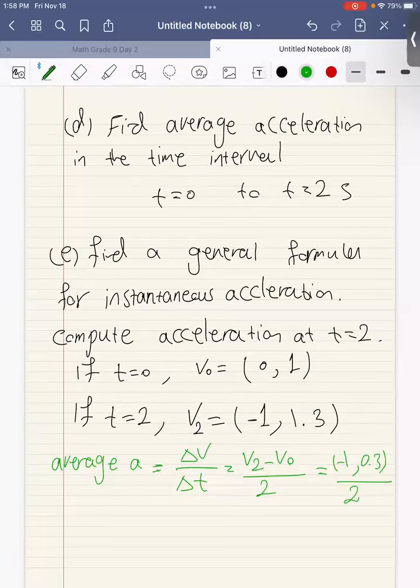So a would be equal to minus 1/2 and 0.15. This is the average a during the time 0 to 2. Okay.